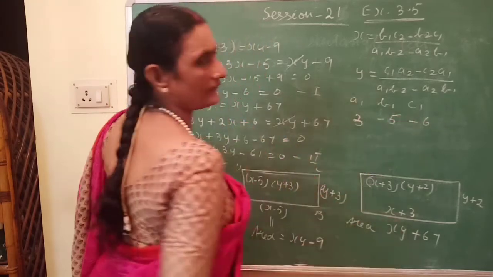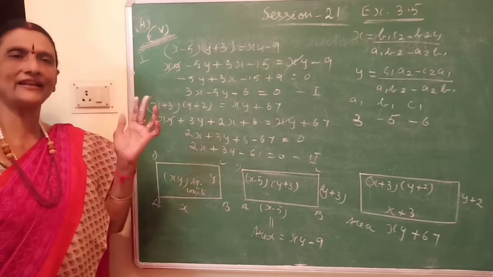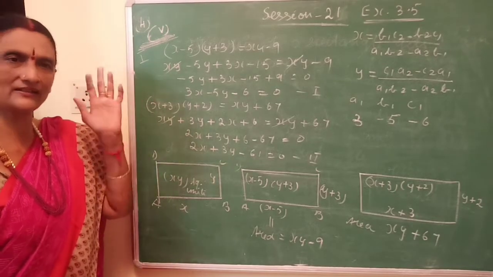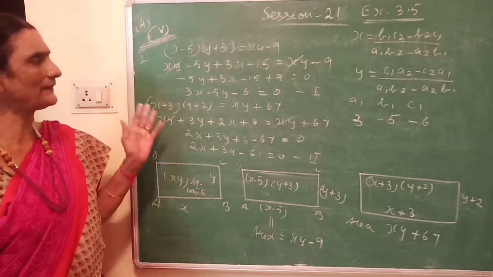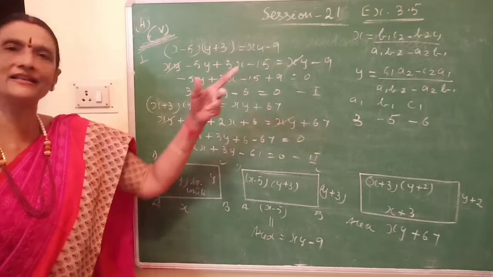Nothing wrong. Even if you interchange the order, accordingly the terms will get adjusted, so you will still get the same value. Don't worry. But anyway, the first equation's values I have written here: 3, minus 5, minus 6.